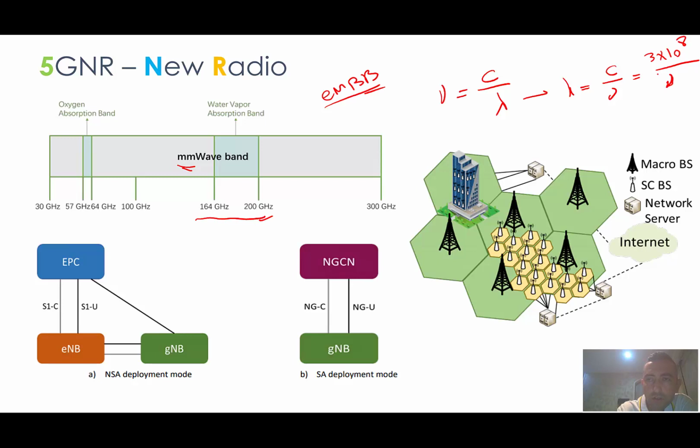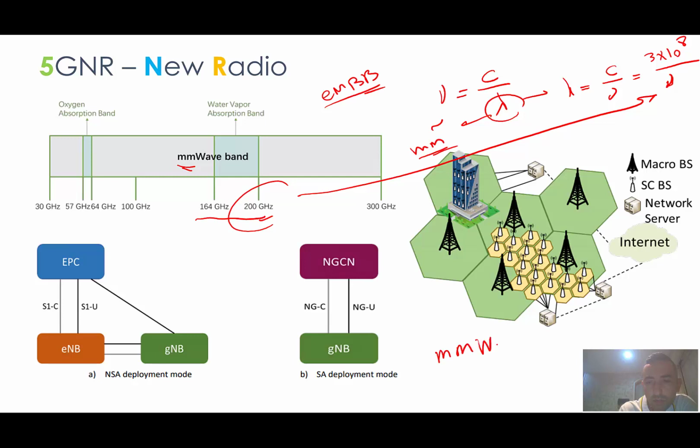If you calculate and put a frequency in this range here, you will see that lambda would be in the order of millimeters, and because of this we call these millimeter waves. But there is an issue that the water vapor absorption band is here, which should be considered in the coverage.